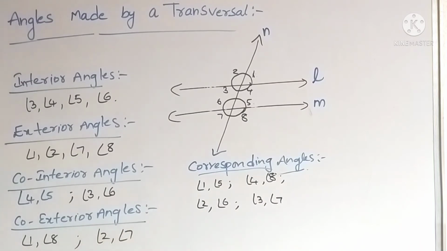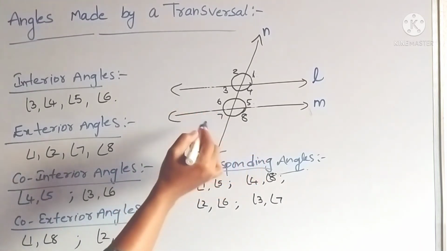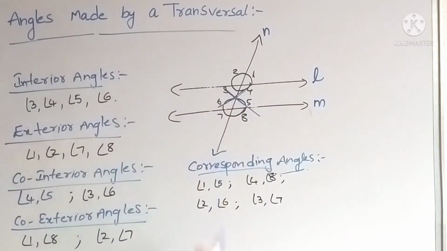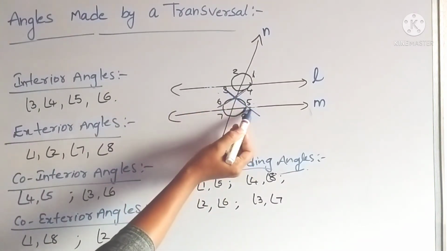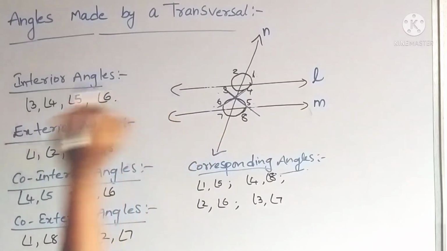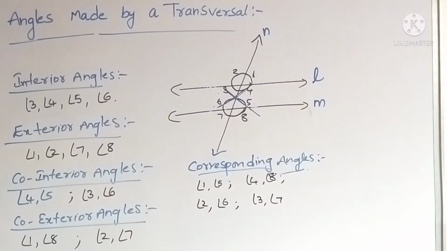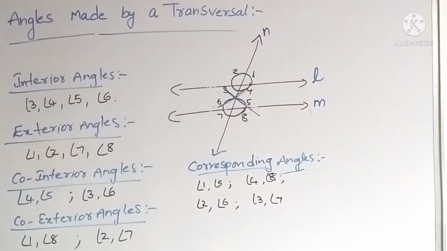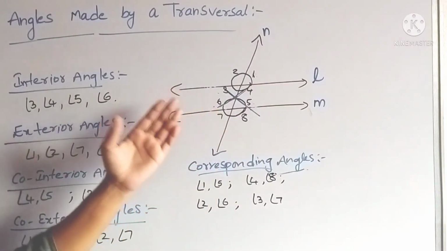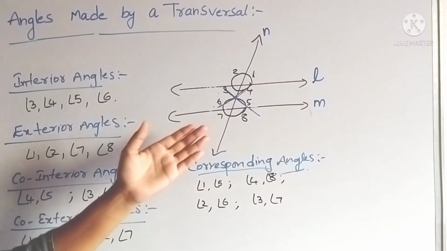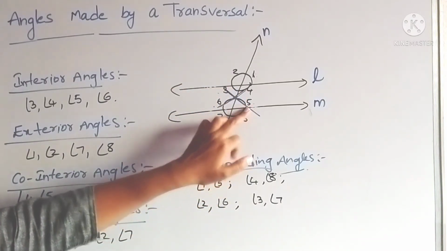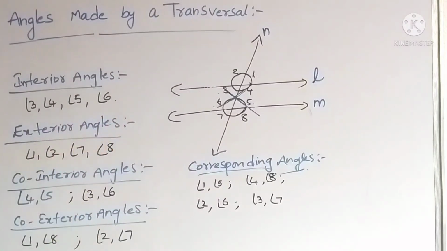Okay. Next, see the angles in the shape of an X. Angle 3, angle 5, angle 4 and angle 6. Observe this. Here angle 4 is on one side of the transversal, angle 6 is on the other side. That means they are opposite. Angle 5 is on one side and angle 3 is on the other side.